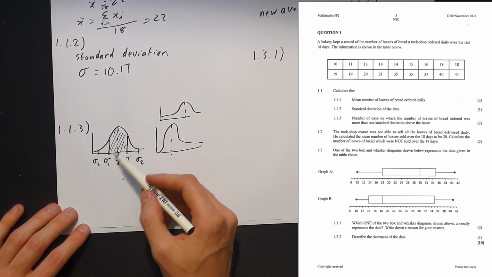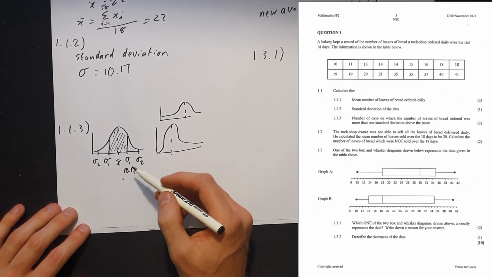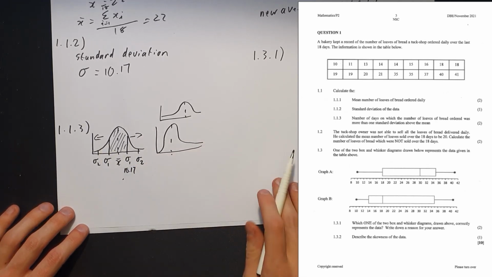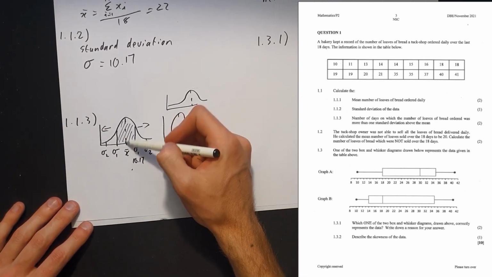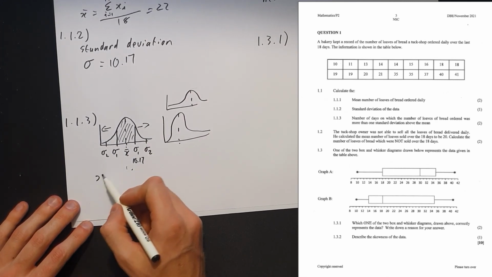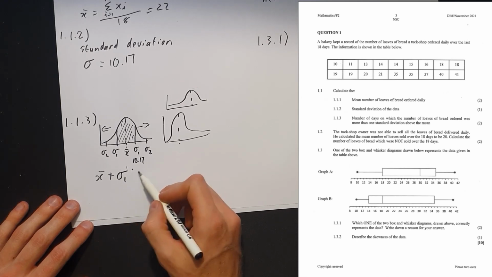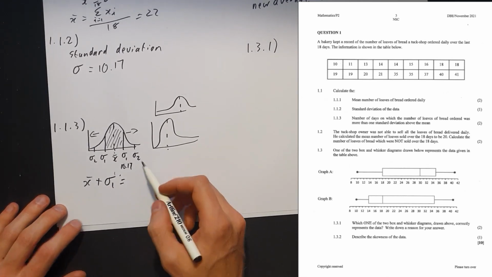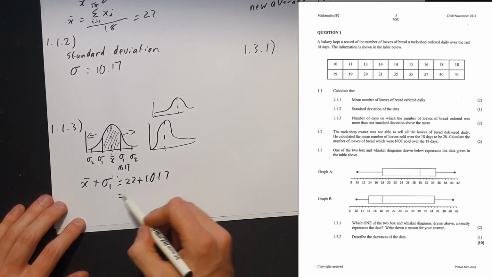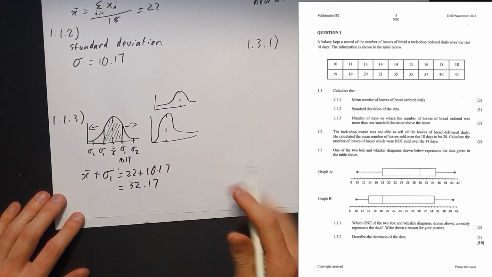We've just calculated the standard deviation, which is 10.17, and we want to know how much sits outside of that 1 standard deviation. So we take our mean and add our standard deviation: x bar plus 1 standard deviation, which means 22 plus 10.17, giving us 32.17.